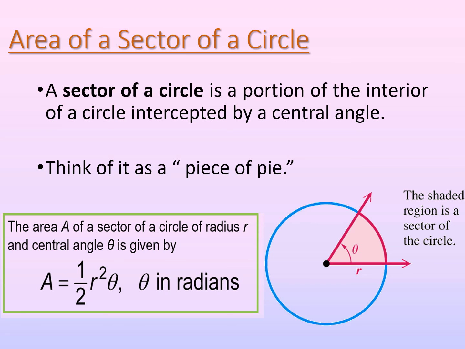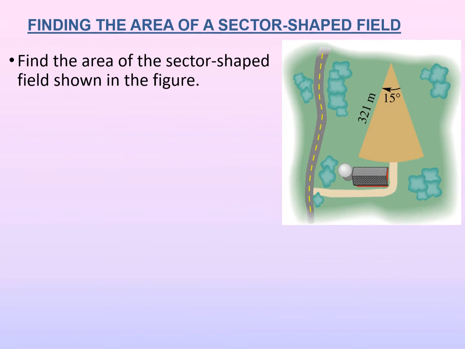So the area A of a sector of a circle of radius r and central angle theta is given by A, which stands for the area, equals 1/2 r squared theta, where theta must be expressed in radians.